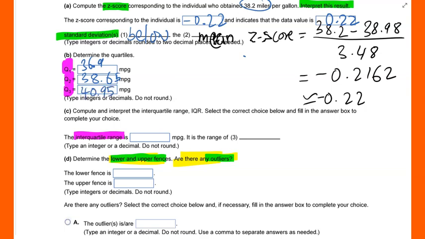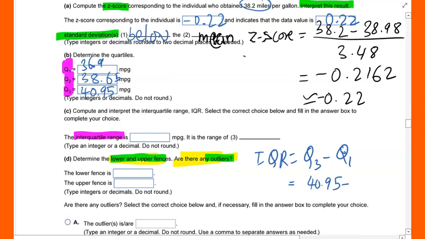Next question is to compute the interquartile range. The interquartile range, IQR, equals Q3 minus Q1. That's the formula. Q3 is 40.95 minus 36.9, and if you subtract, you get 4.05.